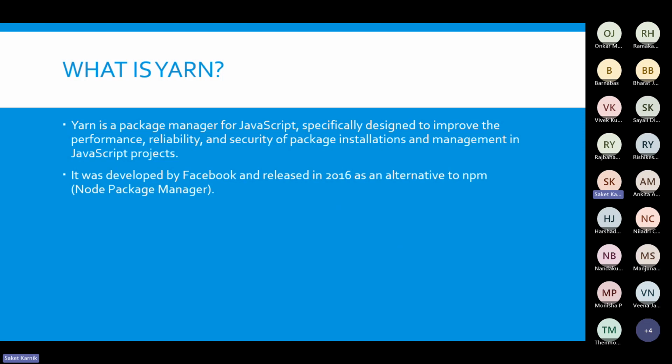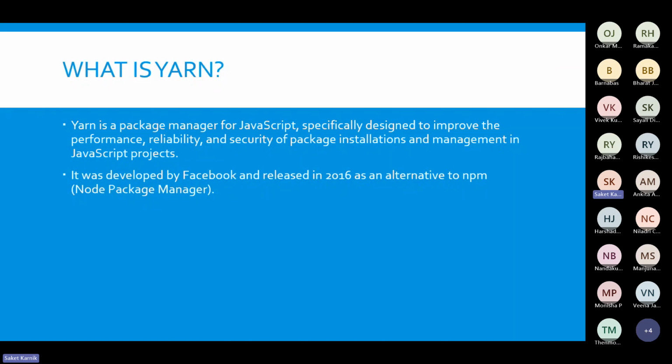Yarn also is another package manager for JavaScript, specially designed to improve the overall performance, reliability, and security of package installations and management in JavaScript projects. So this was introduced to overcome some of the features which were lacking in NPM.